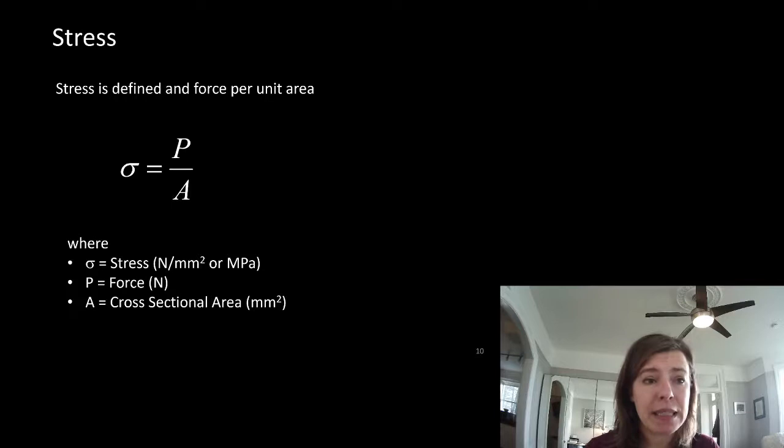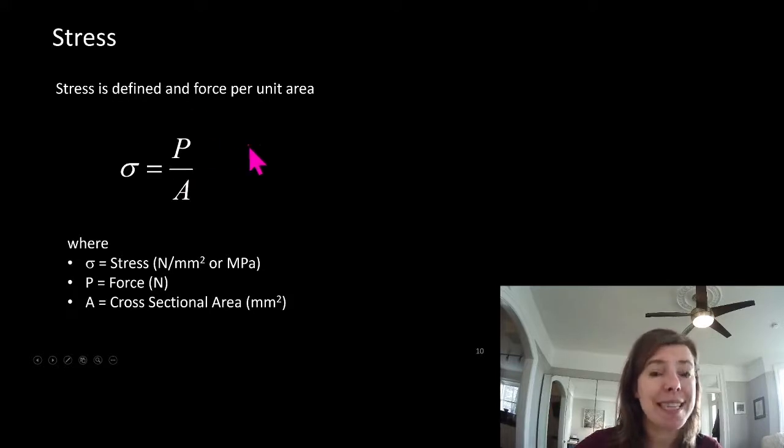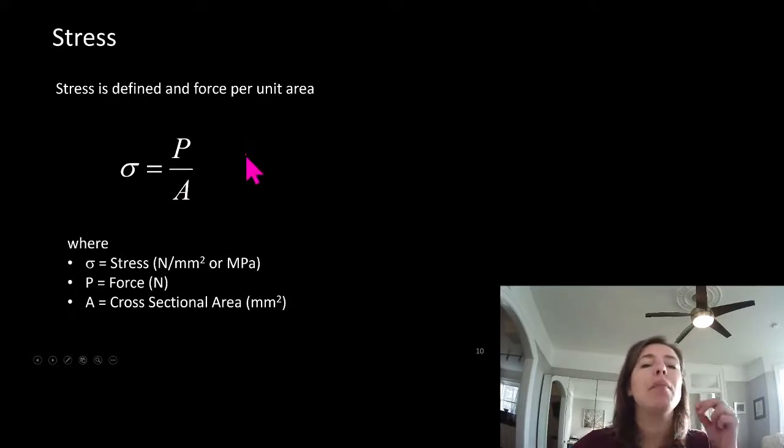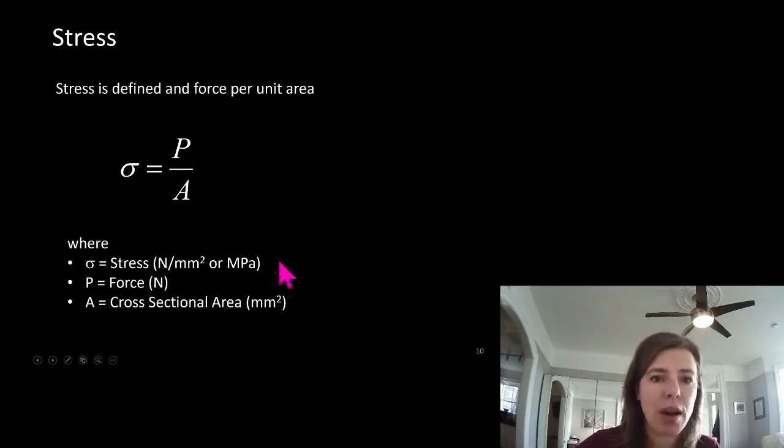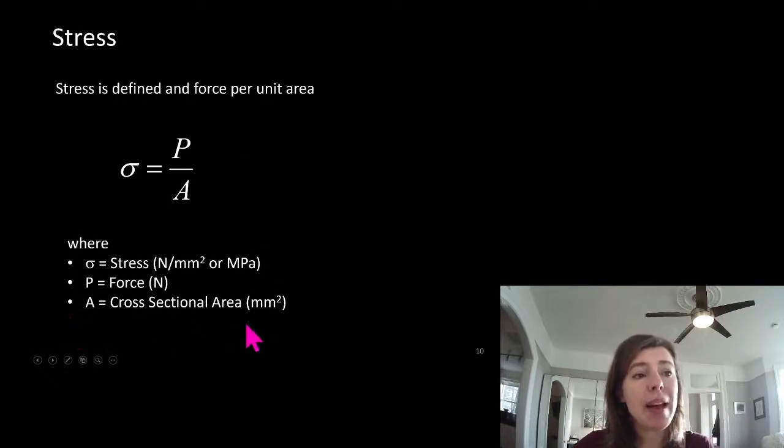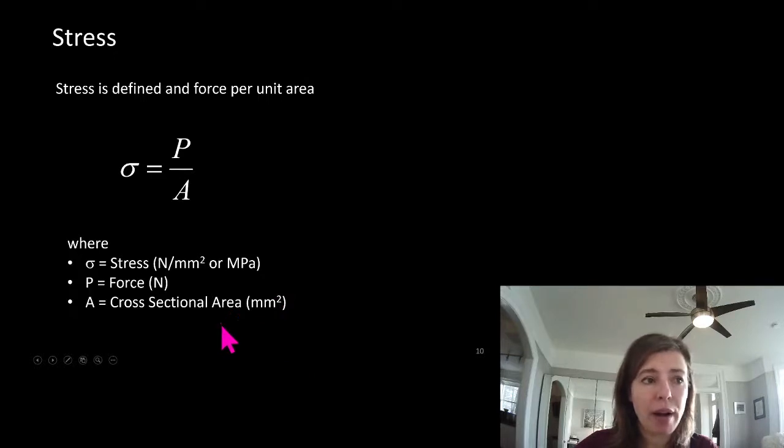So that means our force needs to be in newtons, not kilonewtons. So if we have a force that's in kilonewtons, we have to multiply it by 1,000 to talk about it in newtons. And that means that our cross-sectional area is in millimeters squared. So we'll need to be able to make those conversions back and forth very easily too.